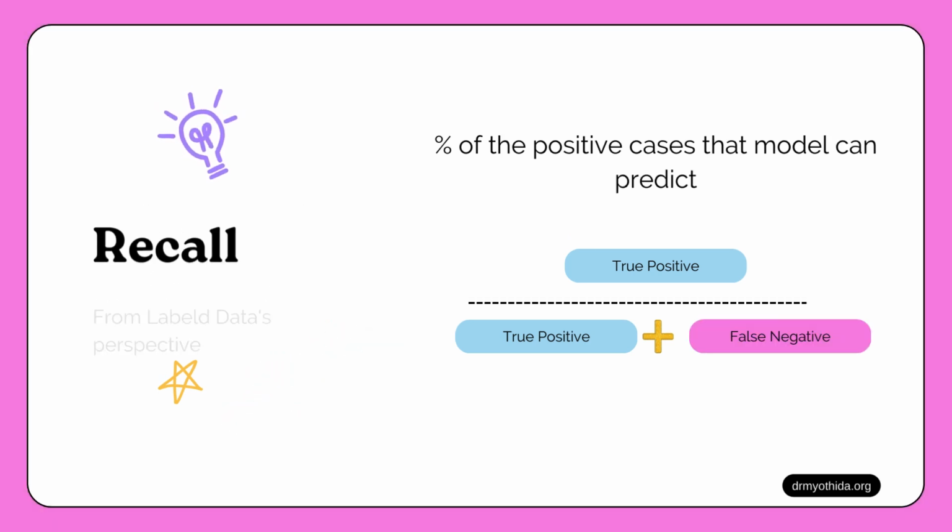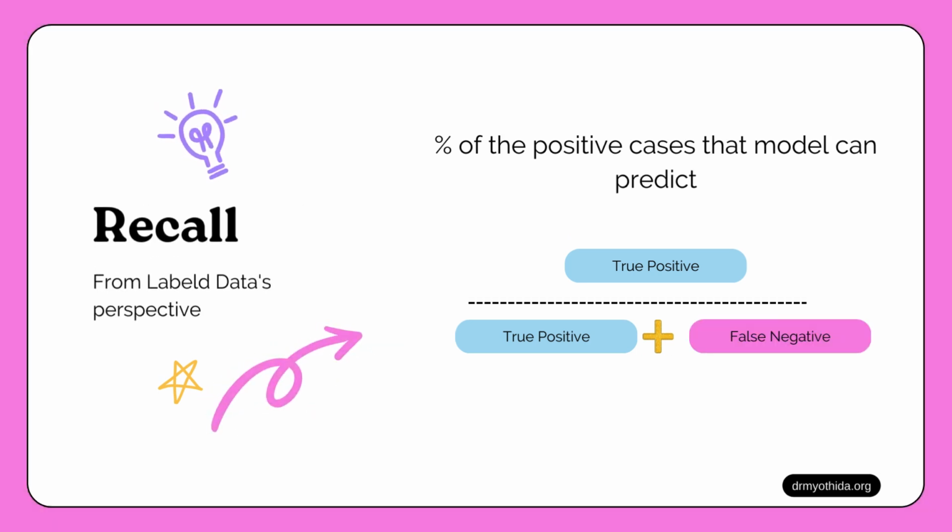All right. So what is recall? Recall is calculated as true positive divided by true positive plus false negative. How do we interpret this? False negative means they are actually positive, but we predicted wrong. Look at it from your data sample side.